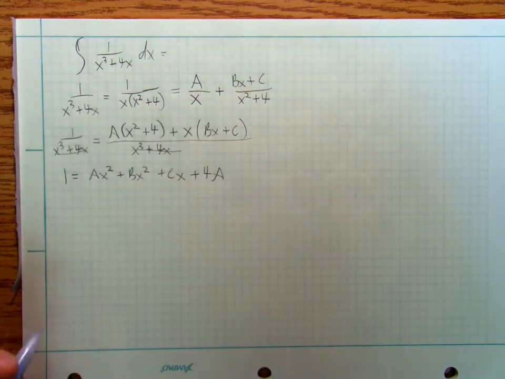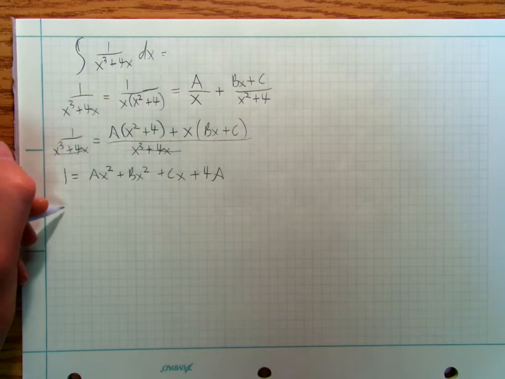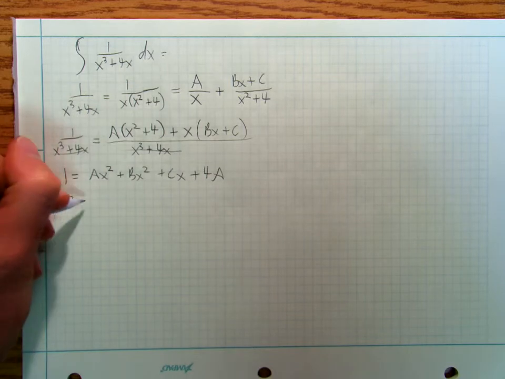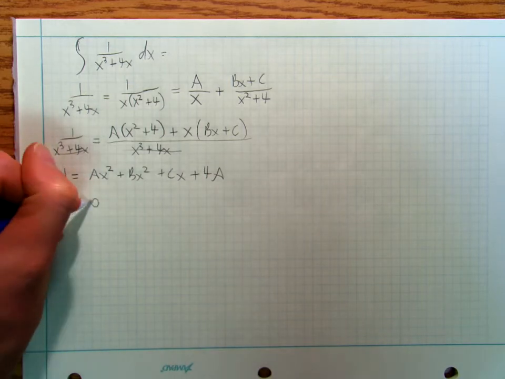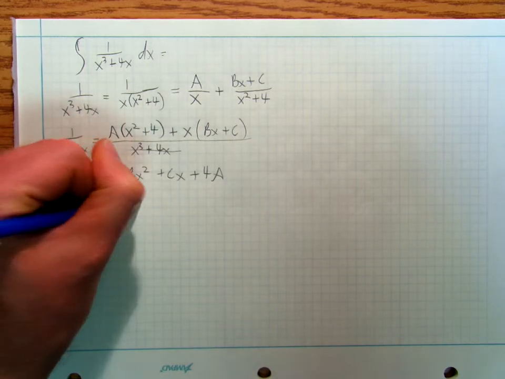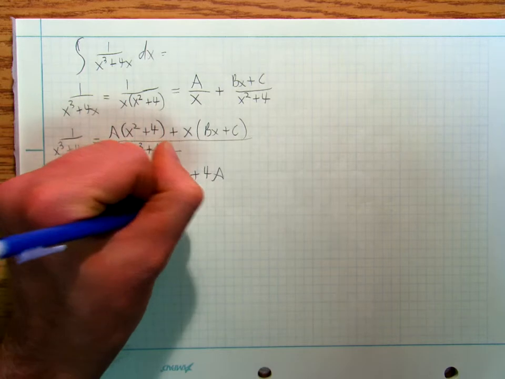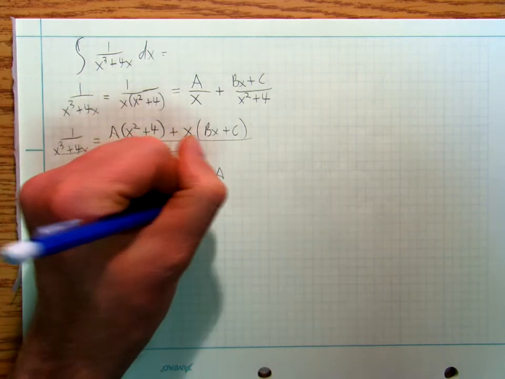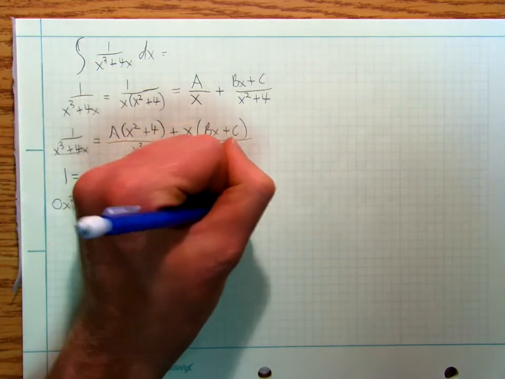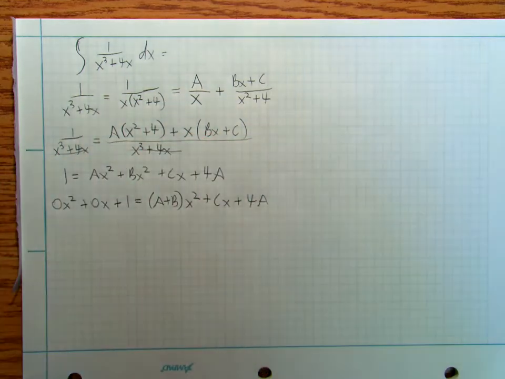I'm going to write that out a little bit differently: 0x squared plus 0x plus 1 is equal to a plus b times x squared plus cx plus 4a.